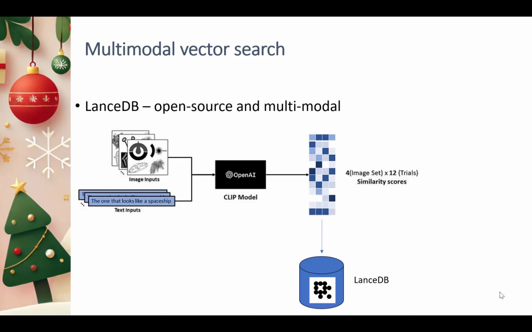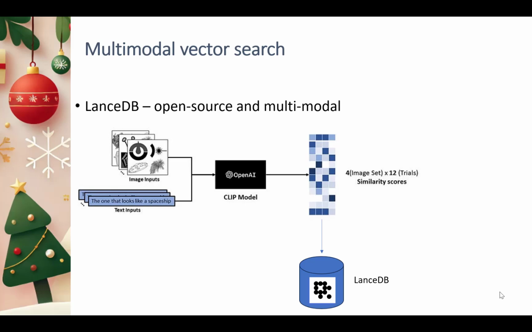Then what you can do using LanceDB and, for example, the OpenAI CLIP model, you can provide image inputs, you can provide text inputs. You actually don't need to match those two inputs together.